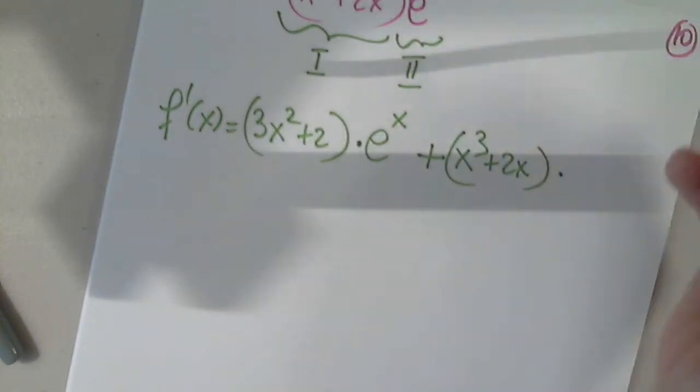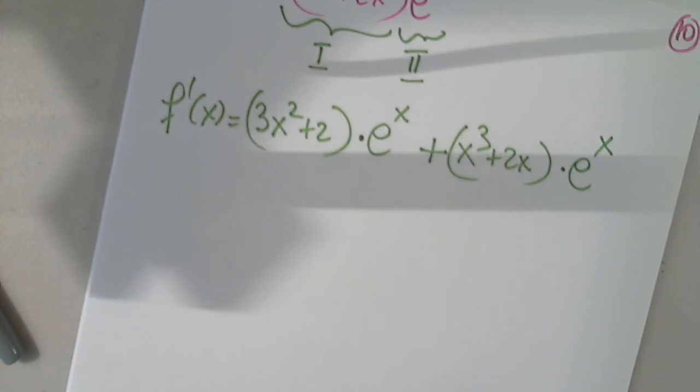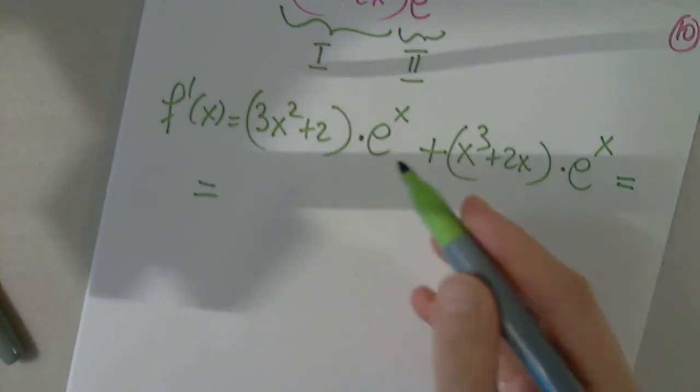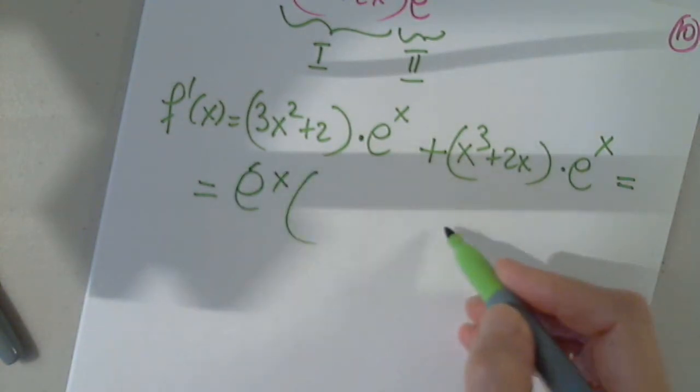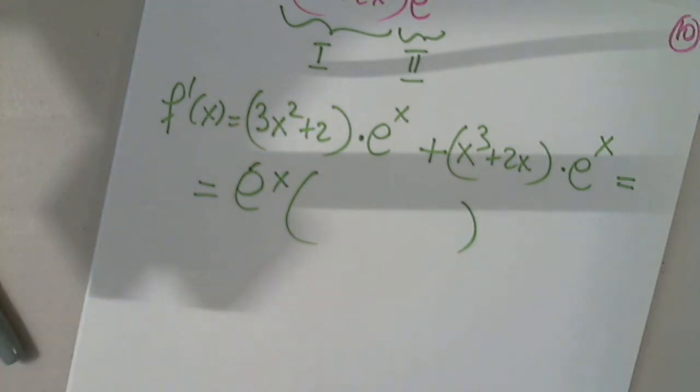But this is the nicest function on the planet. It's e to the x. Can I simplify? Yes, and I should. Or at least try. These two have e to the x in common. I can put e to the x in front. Or following, it doesn't matter.